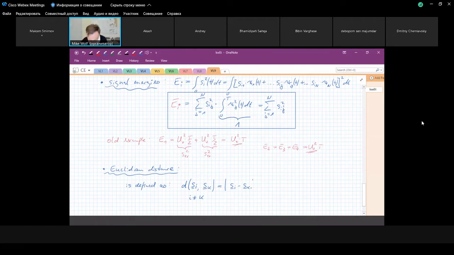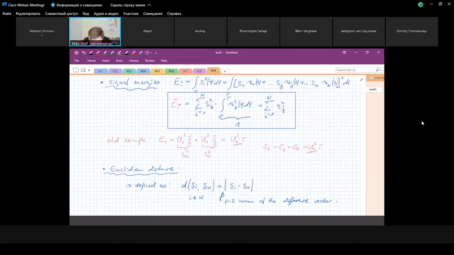Then we take the norm of this vector. You may also use two vertical lines if you want. This is the P2 norm of the difference vector. So it's just the length of the vector which connects si and sk.